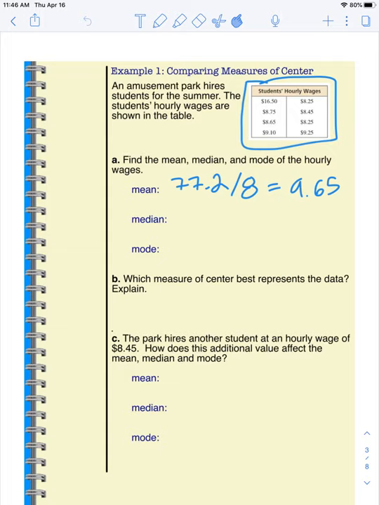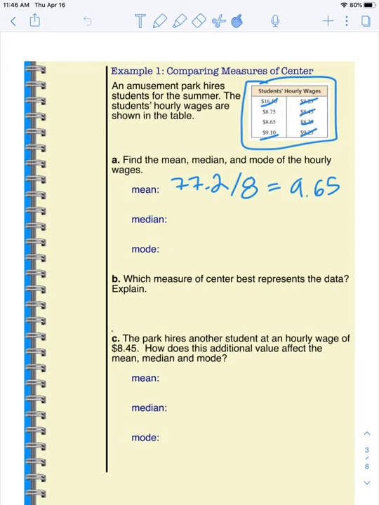All right, and the median is the middle number. I like to find that when we have a table by crossing off the highest and the least and just switching until we get to the middle number. So the highest wage is 16.5. The lowest wage is 8.25. Second highest is 9.25. Next lowest is 8.25. Next highest is 9.1.